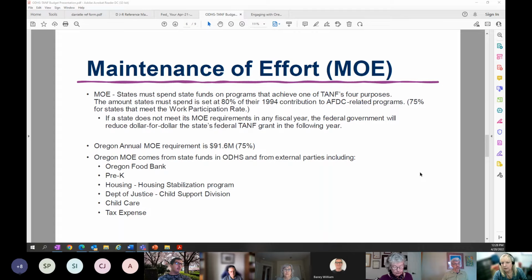There's some funding that we count from Child Support Division, and then there's some tax expenses and some childcare expenses that we call the double count maintenance of effort, where we get to count the same dollars that count towards the Child Care and Development Block Grant maintenance of effort. So we get to double count certain state dollars that way.